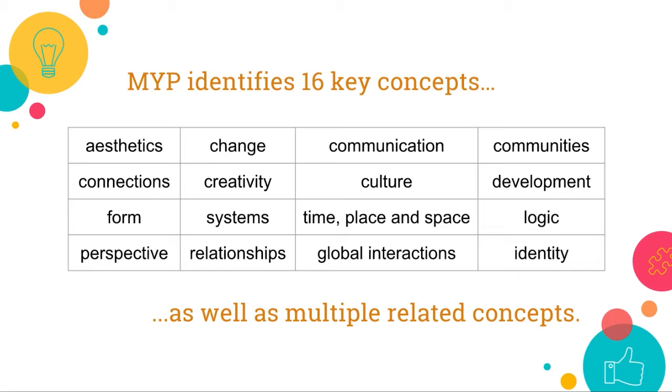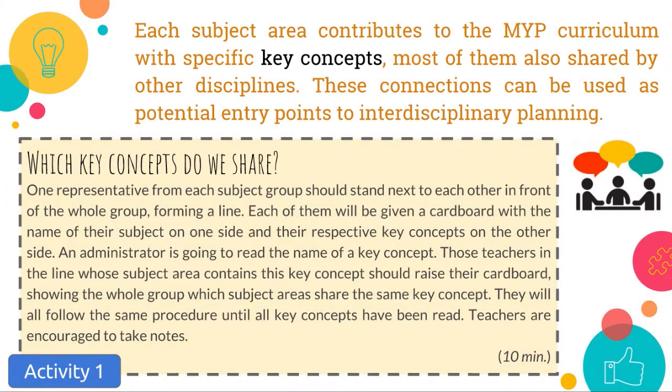But the thing is that some of those concepts are shared by different subjects. The fact that they are shared makes them possible entry points to interdisciplinary units. At the same time, we also have multiple related concepts which could also be entry points for other interdisciplinary units.